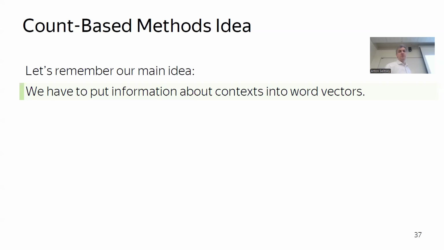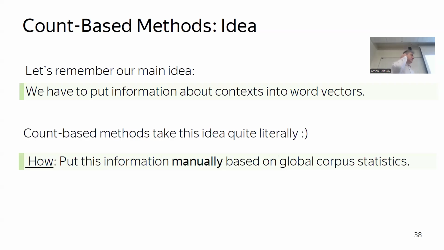The main idea for count-based methods is just to count words. For example, if you have a document, you can count how many times the word cat was mentioned in this document, maybe 0.